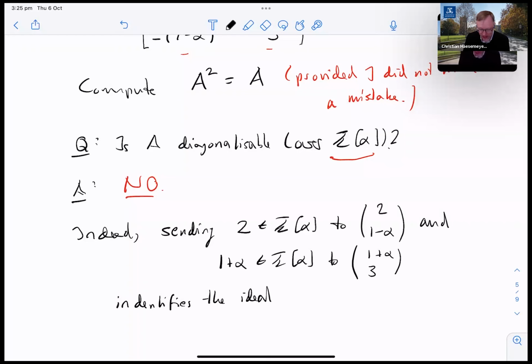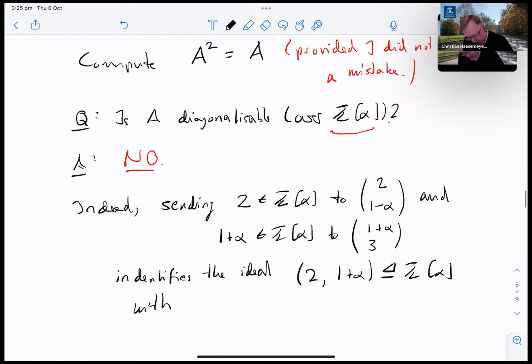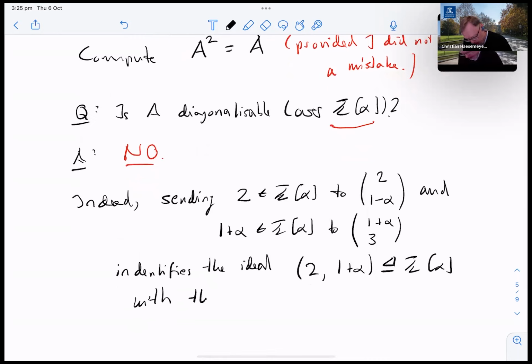So an ideal being a subgroup of Z[alpha] that is sent into itself if you multiply with any element in Z[alpha]. So the ideal generated by 2 and 1 plus alpha, that's an ideal in Z[alpha]. And it identifies this with the image of A.